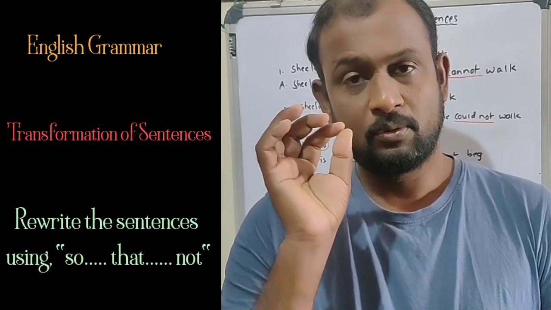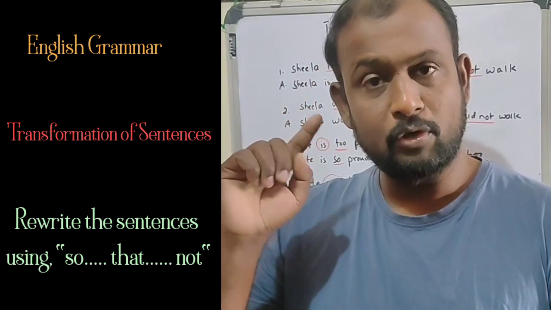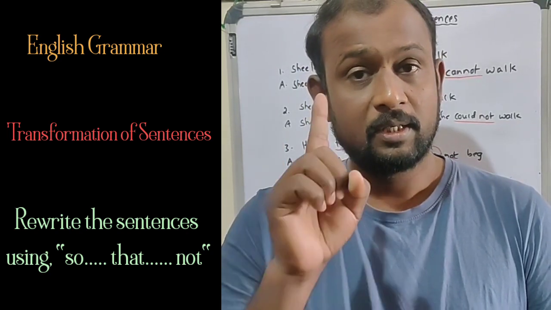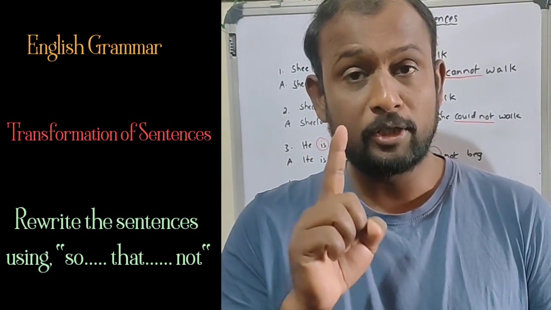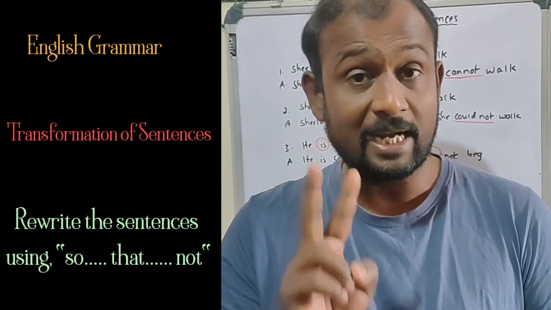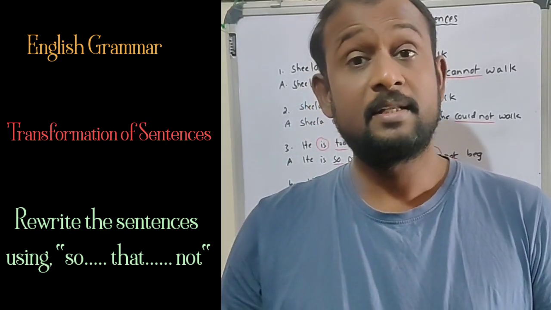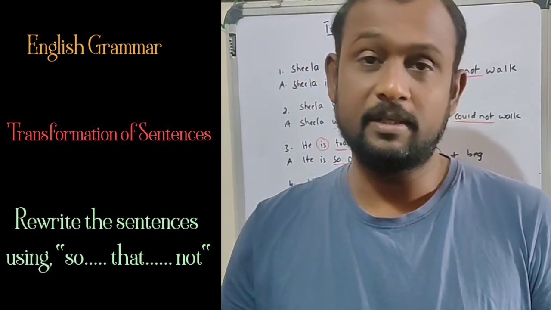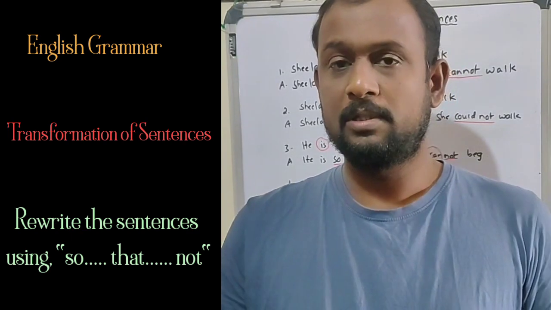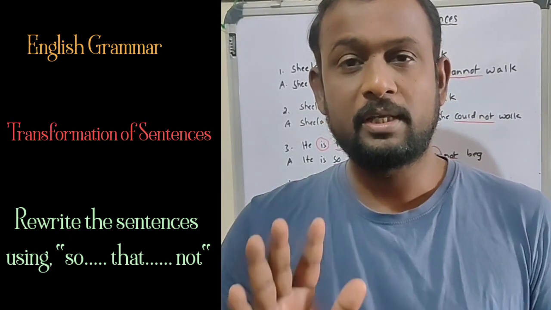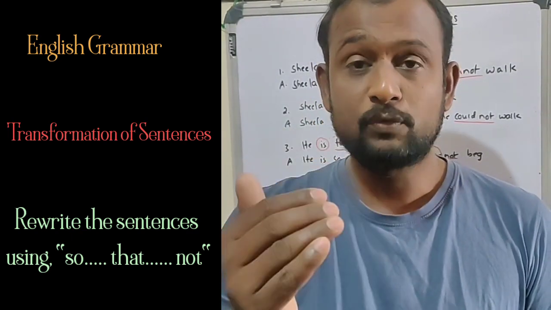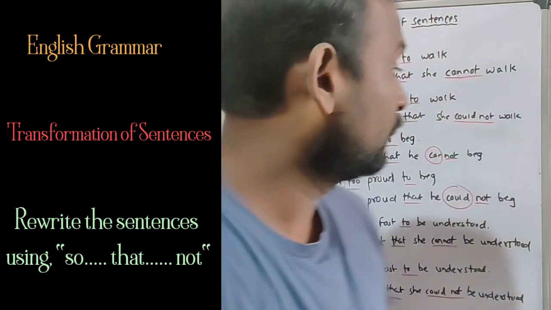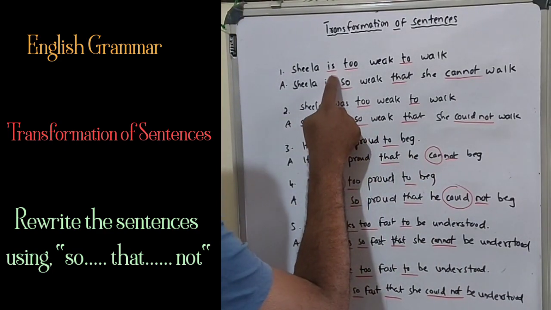In the transformation of too...to into so...that...not, the most important thing to keep in mind is that the sentence containing too and to, that is adverbs, will be a simple sentence, and the sentence containing so...that...not will be a complex sentence. You need not worry about all these things. I'll show you the easiest way to transform the sentences. Look at the first example once again.